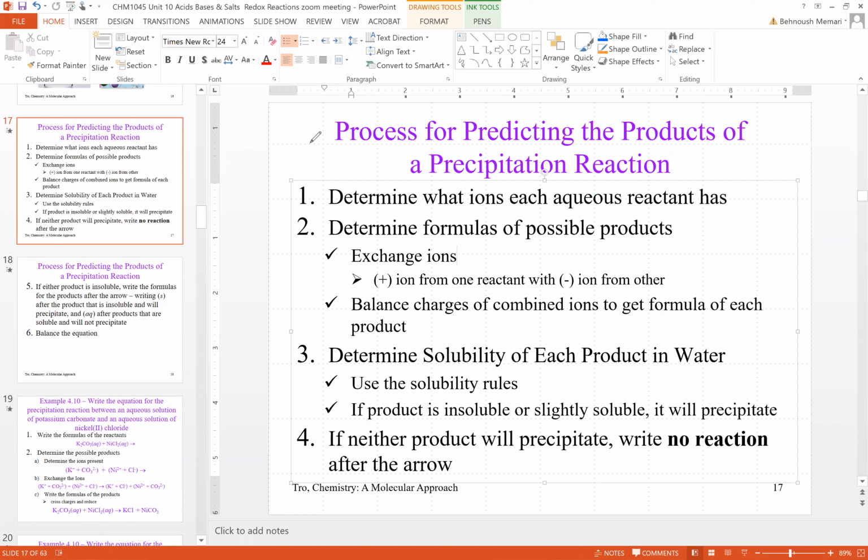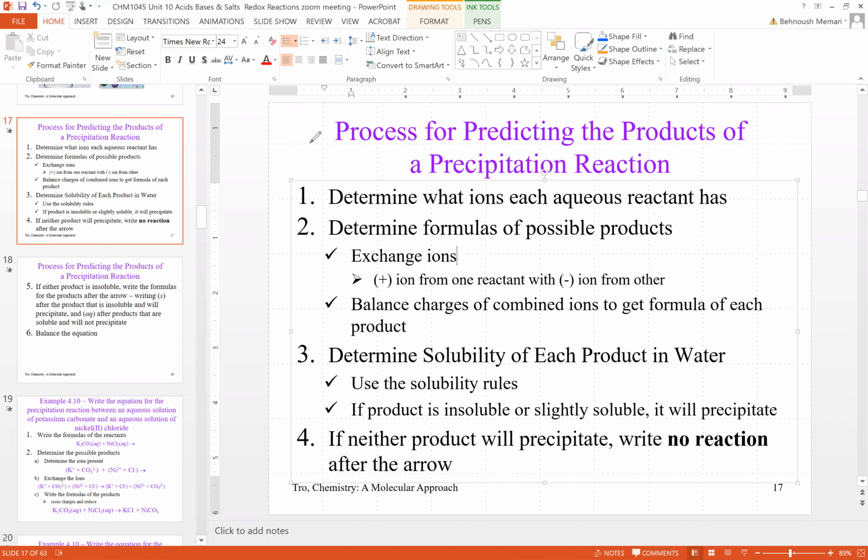So how would you write a precipitation reaction? First of all, find the ions that you have on the reactant side. I already included this in another unit, but as a review I want to make sure it is covered here also. For a precipitation reaction, you exchange the ions.